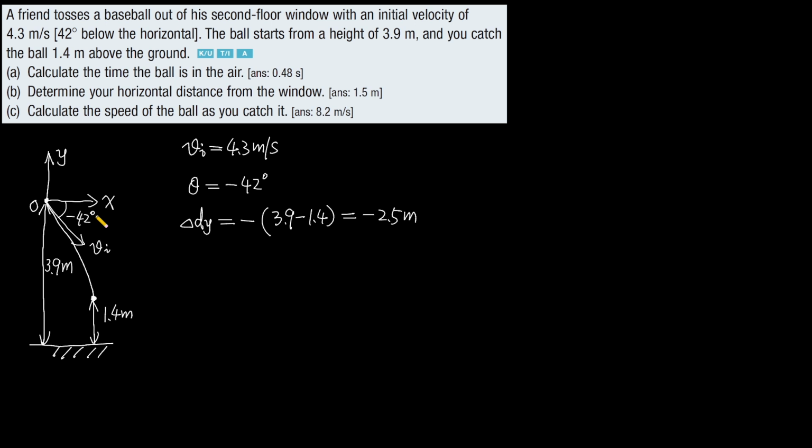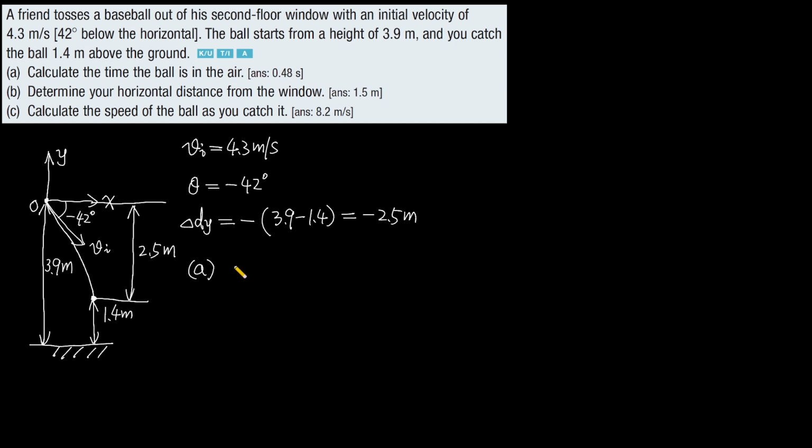It's opposite to the positive y direction. So from the starting point to the ending point, the vertical distance is 2.5 meters. Then question A asks for the time the ball is in the air. So it asks for the time interval.